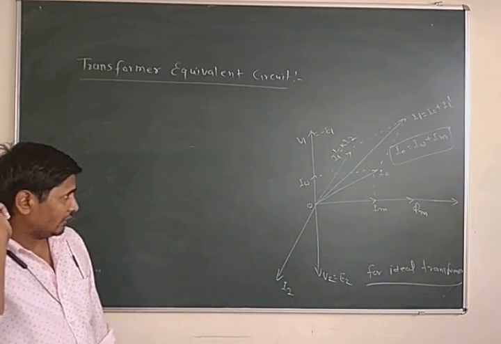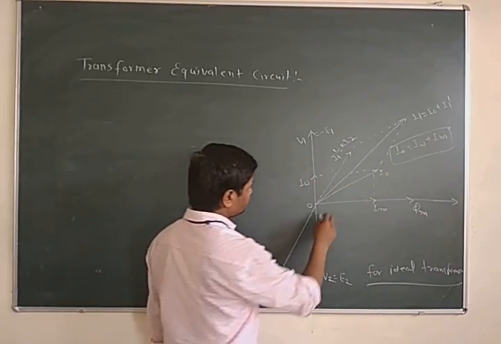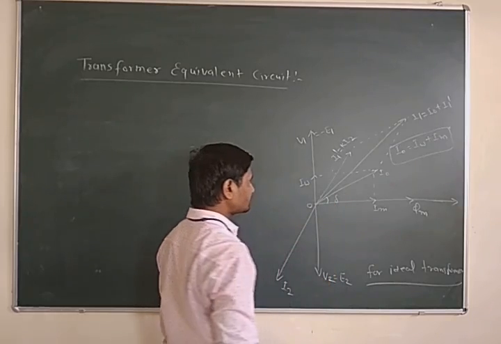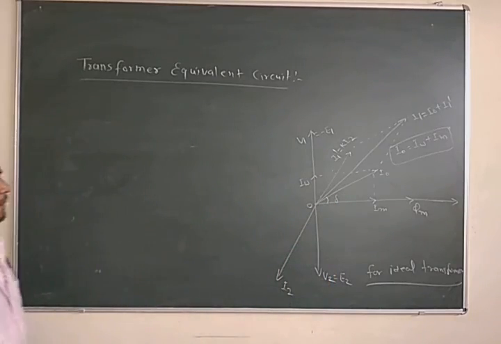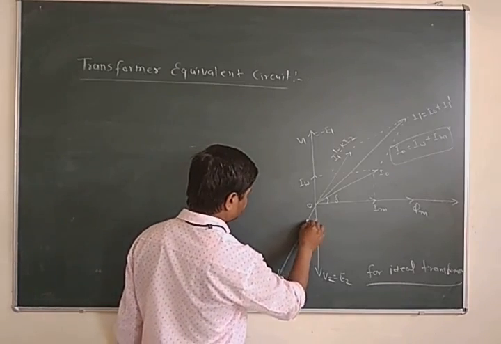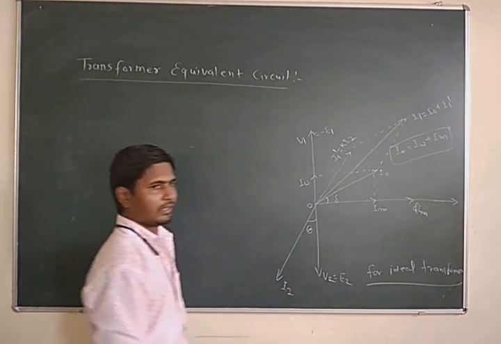This way we can draw the current phasor. This angle is alpha. This angle is theta, or delta.